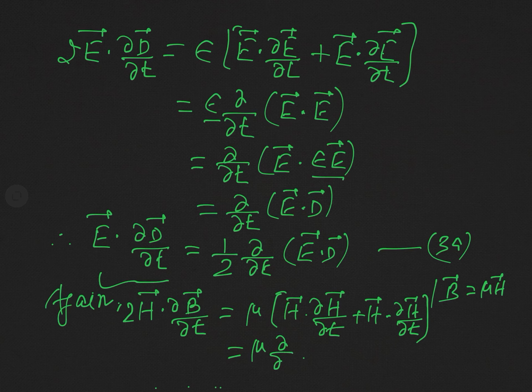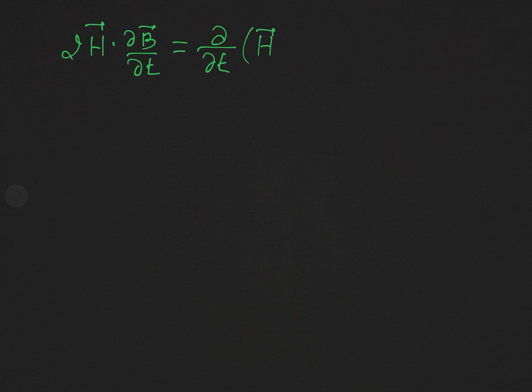And see here, you can write it mu del by del T of H dot H. And again, we can take this constant factor mu inside the operator, and when we multiply this mu by one of the H, that will become B. And so you can see we may write it as 2 H dot del B by del T equal to what?